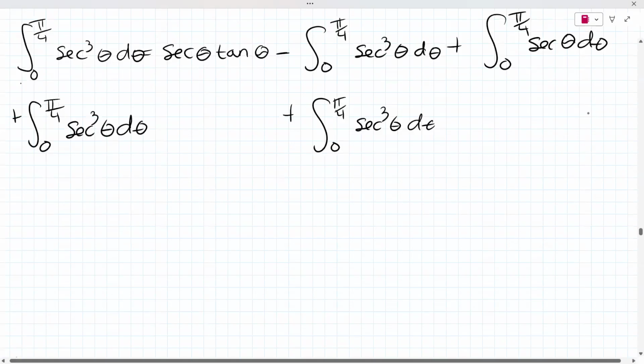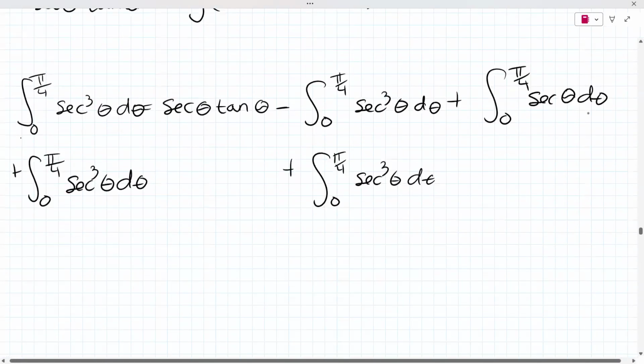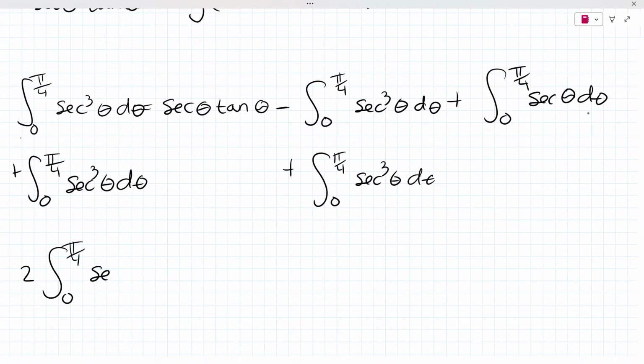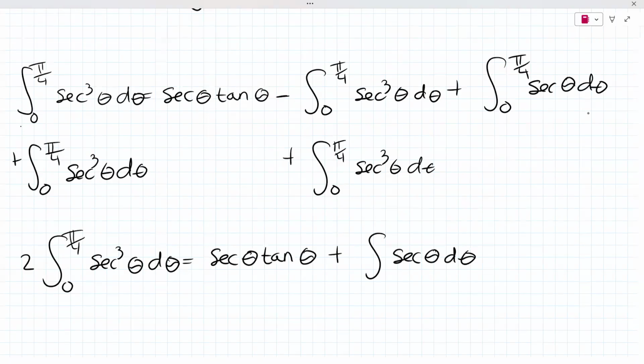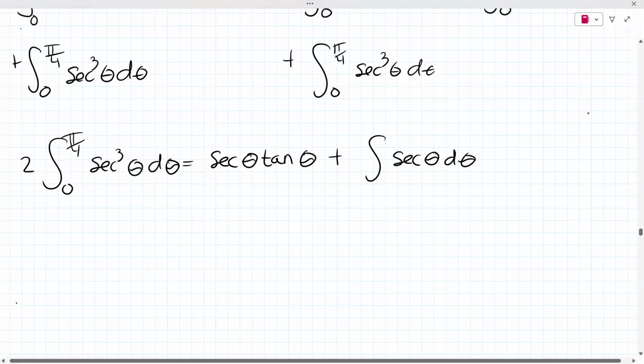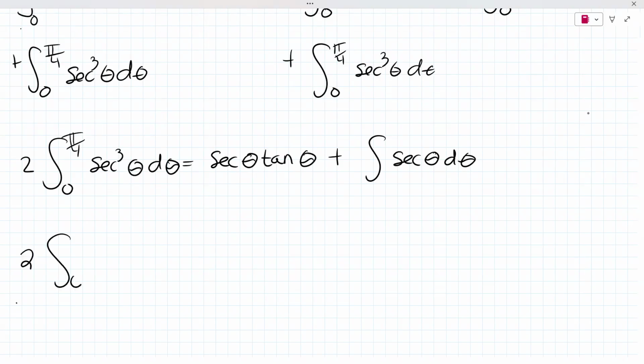Okay, so now you have two of them, so you could say 2 times the integration from 0 to pi over 4 of secant cube theta d theta equals secant theta tan theta plus the integration of secant theta d theta.